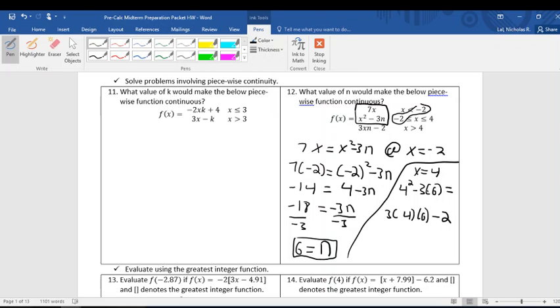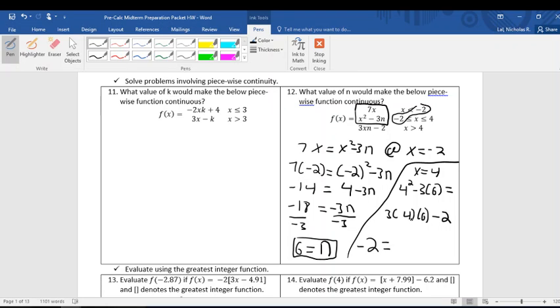At this point, you would have 4 squared is 16, minus 3 times 6 is 18. So 16 minus 18 is negative 2. So you would have negative 2 must be equal to 3 times 4 times 6.